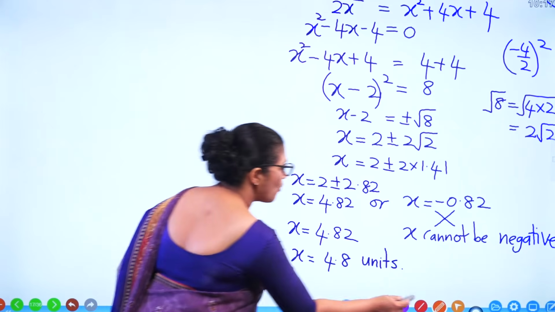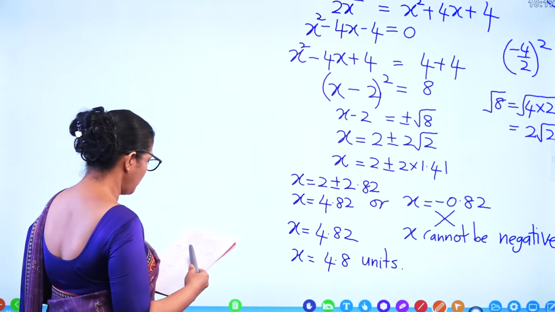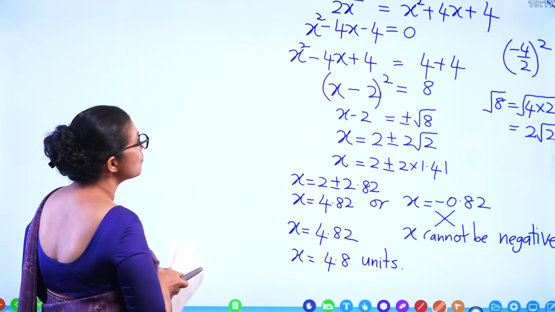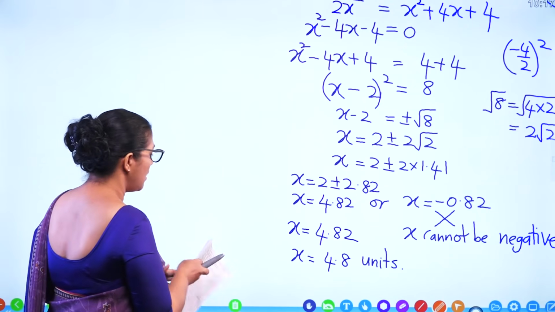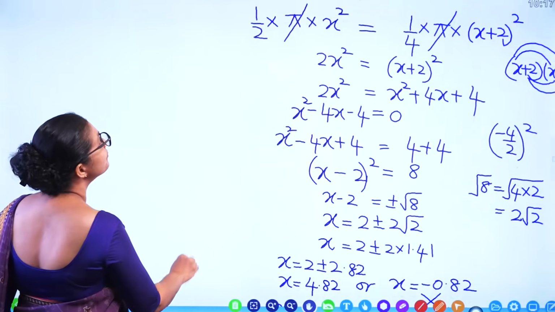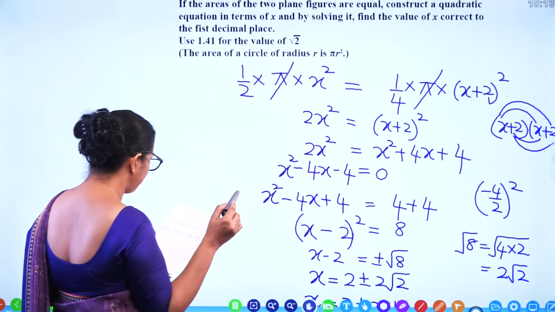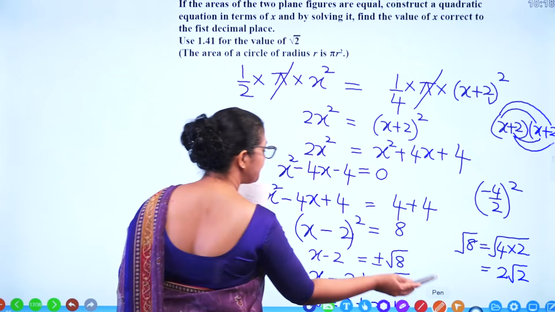Now we'll see how you get marks for this whole question. You are getting marks for writing down the area of the semicircle, that's 1 mark.